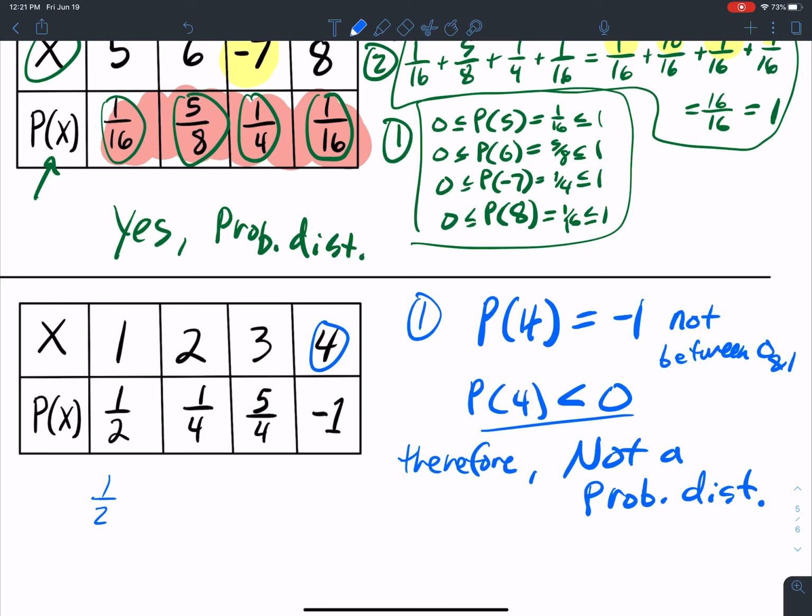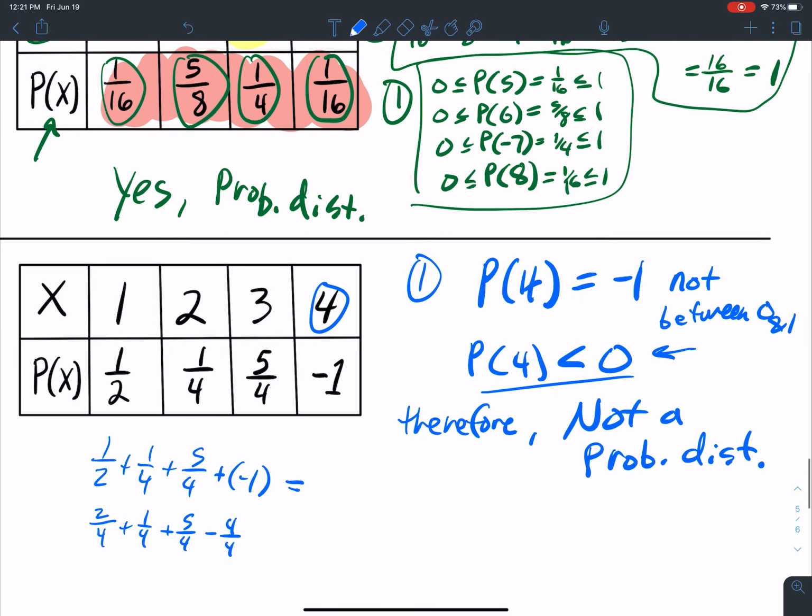I mean, you could, but there's no reason to do this work if you figure out right here that it's actually not a probability distribution. Why add everything else up? And by the way, if you add this up, let's see, what does that equal? That would be 2/4 plus 1/4 plus 5/4 minus 4/4.